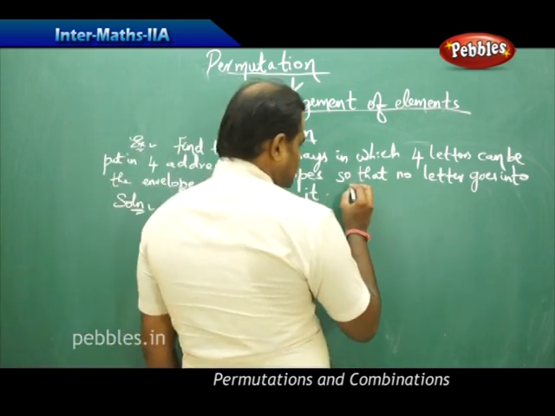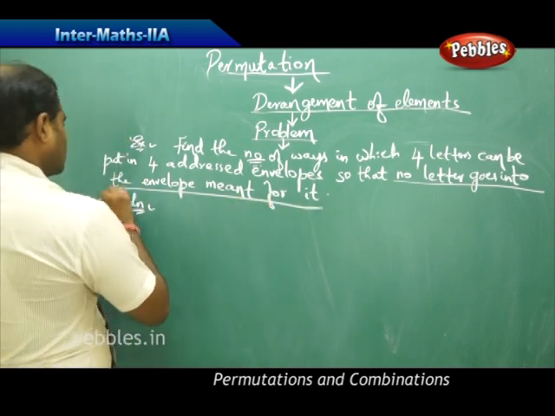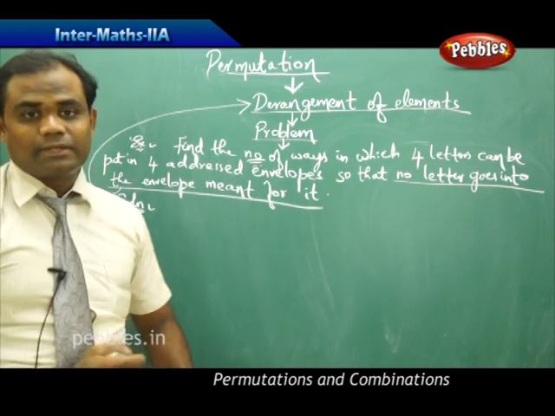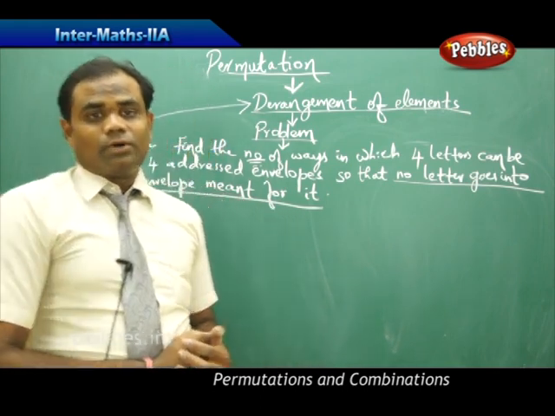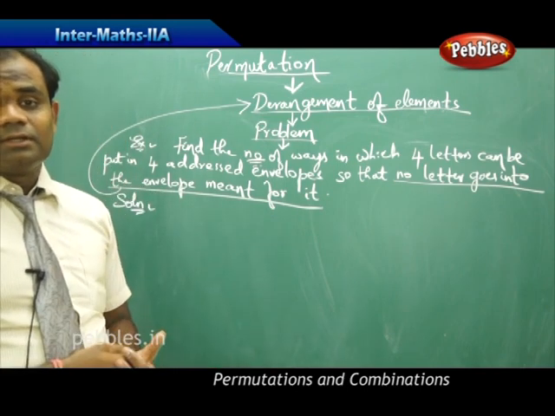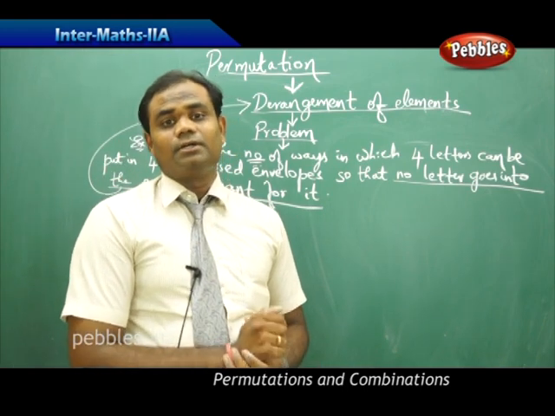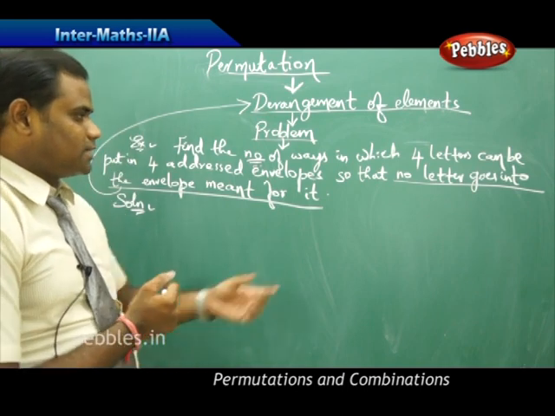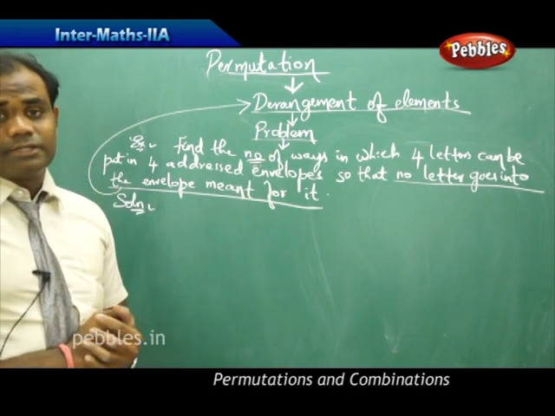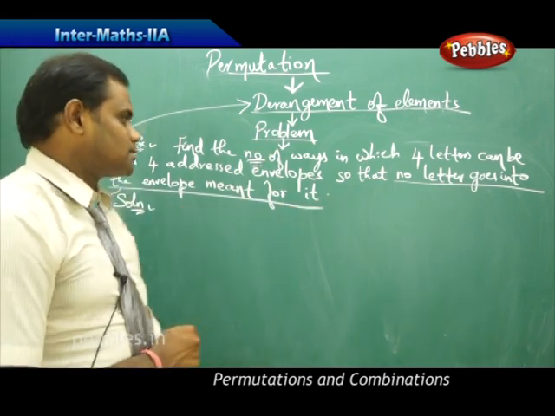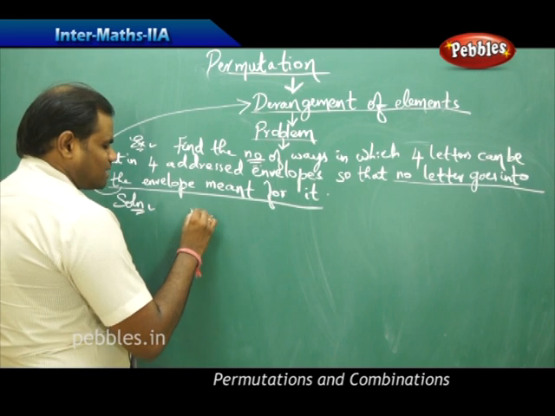Since the statement says no letter goes into the envelope meant for it, it is purely based on derangement of elements, because none of them is occupying the original or actual position it is meant to be in. Here I have 4 letters and 4 addressed envelopes, such that the number of dissimilar things is n equal to 4.